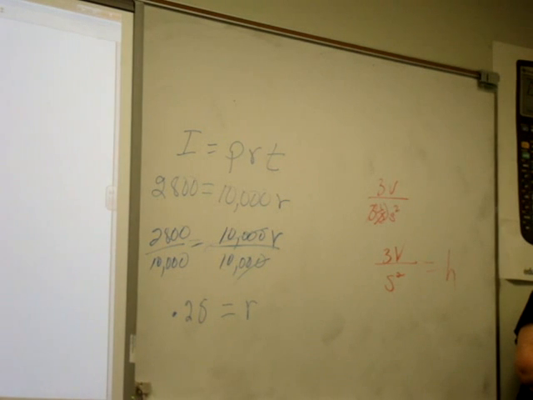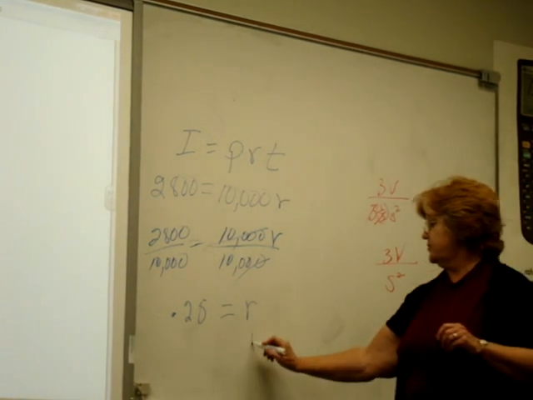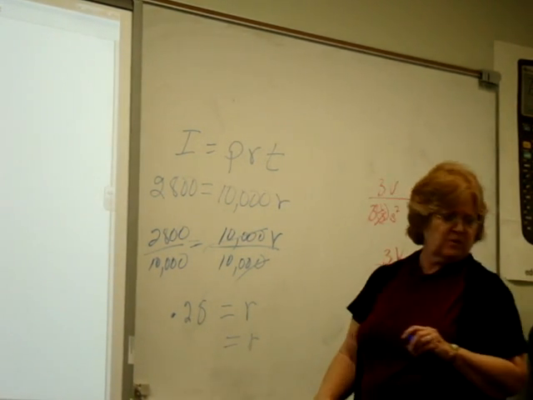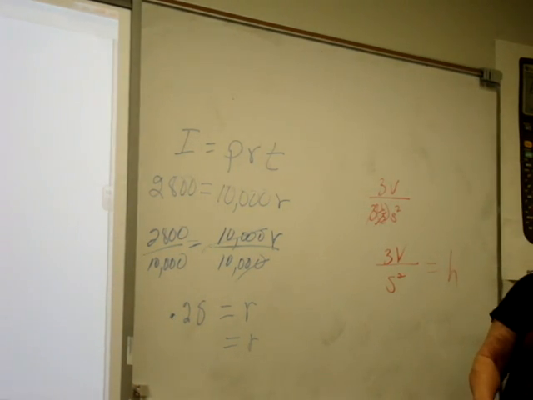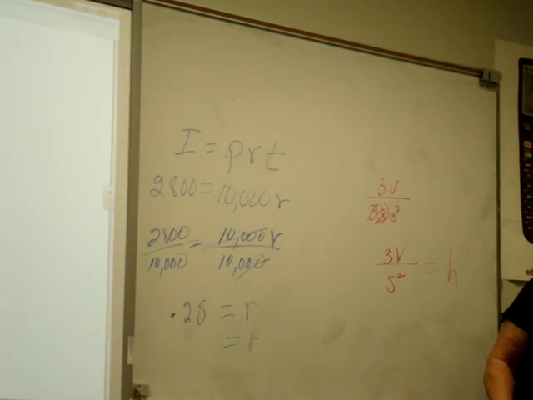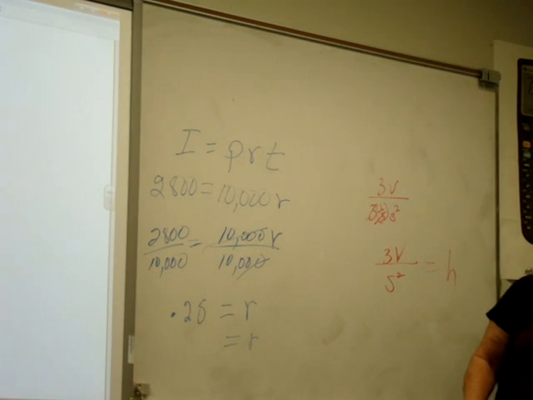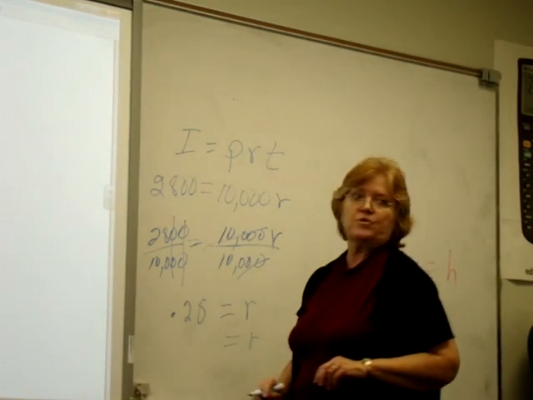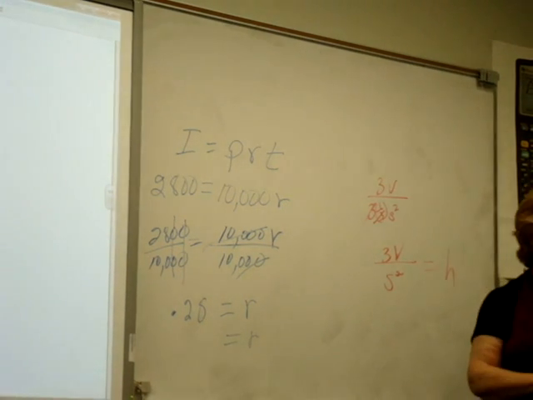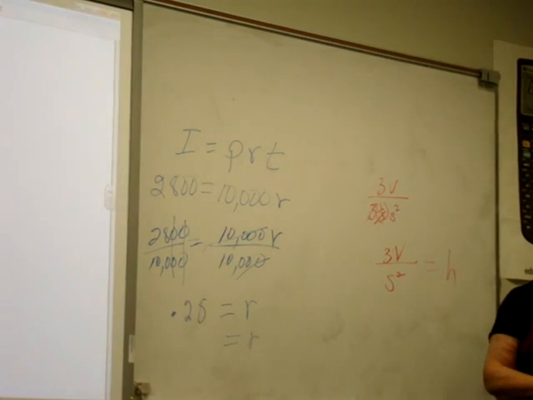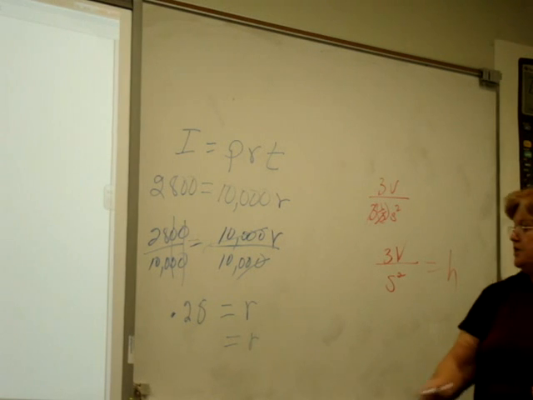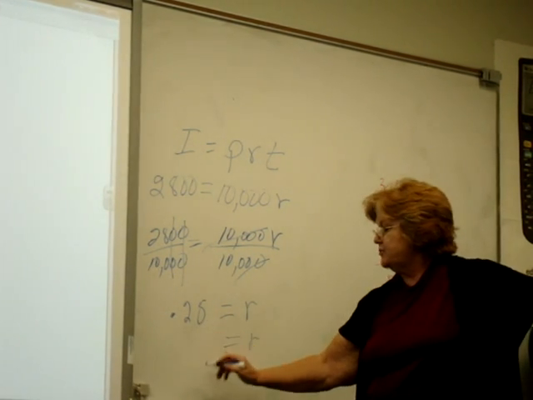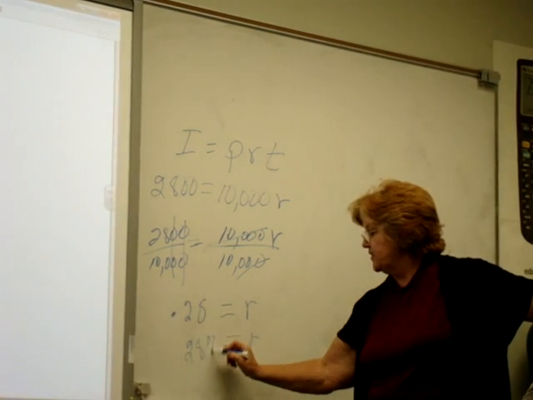So multiply that by 100, and what was her rate of return? 28%. Was it 0.28 when we divide that? No, it's 0.28. Yep. This and this, and then you got 28 over 100, which is 0.28. Okay? So, multiply this by 100, and you've got 28%.